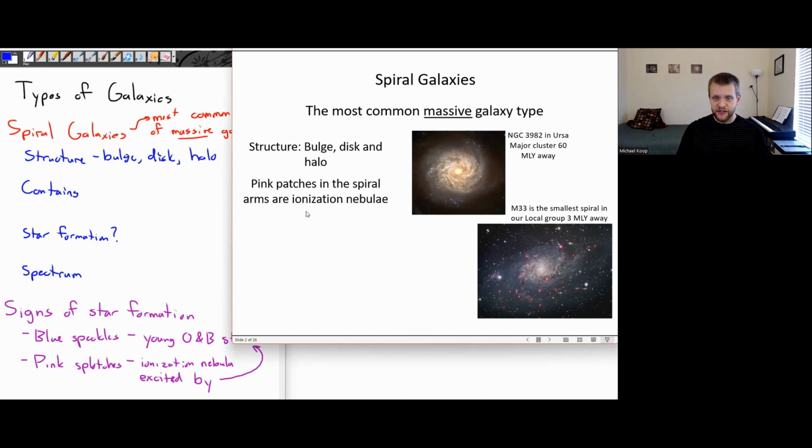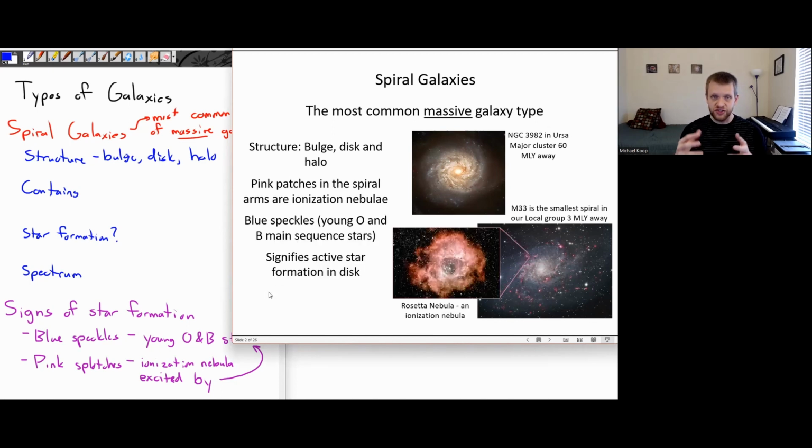So if you have these O and B main sequence stars, it's probably because they formed relatively recently, since they only last maybe a few tens of millions of years for type B stars. Type O stars even shorter than that.